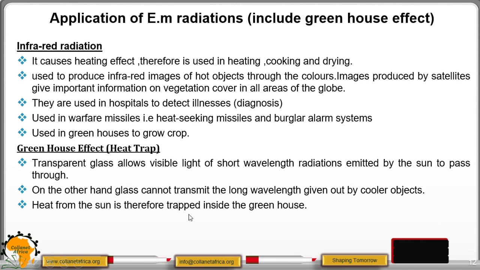That heat from the sun is trapped inside the greenhouse, and this makes the greenhouse warmer than the outside, thus providing a conducive environment for the plants to grow.